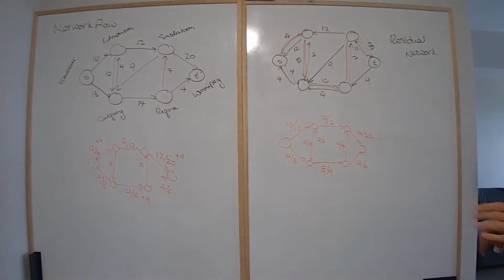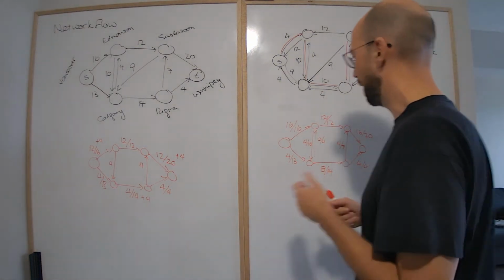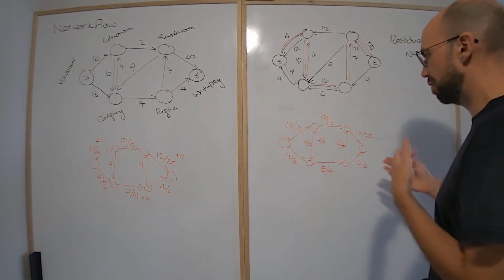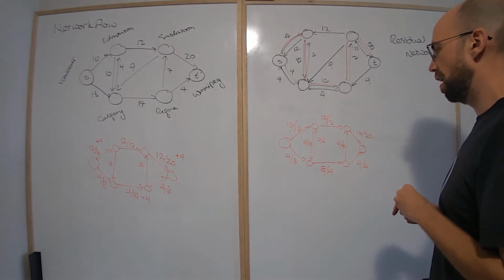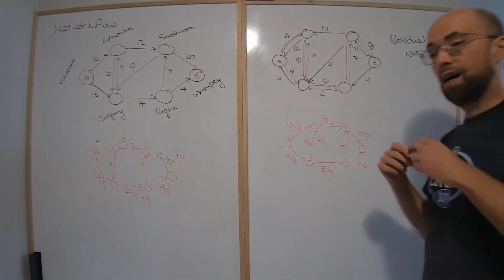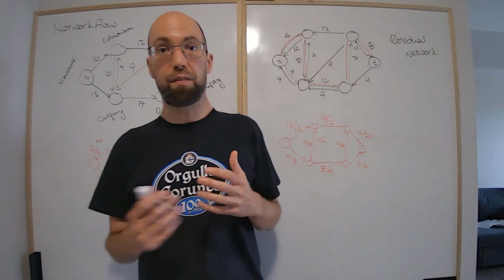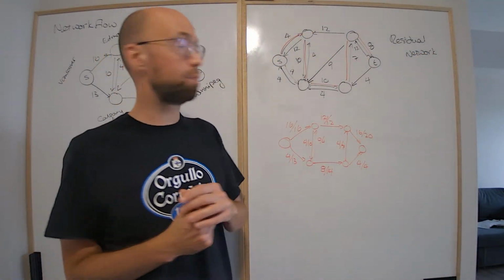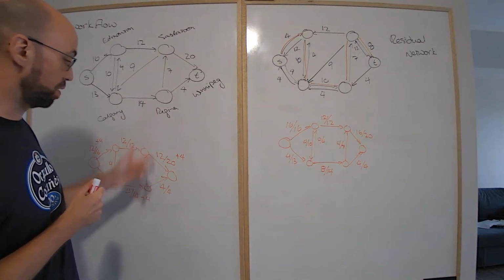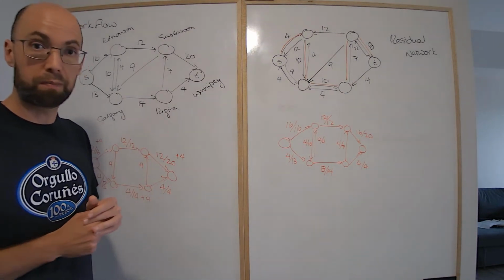So we're still obeying flow in is flow out. The outflow from the source is equal to the inflow to the sink. Nothing is going over capacity, and now we have a flow of 20, which is better than our flow of 16 that we had before.